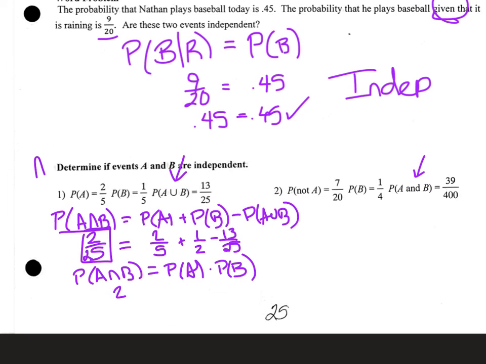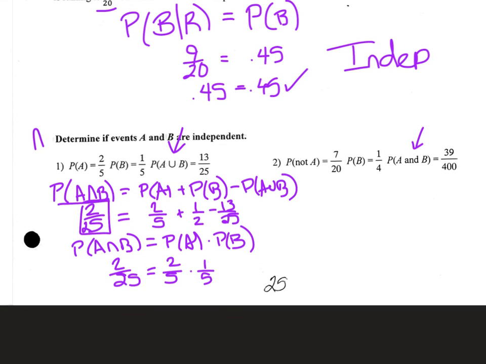Probability of A and B is 2 out of 25. Probability of A is 2 out of 5. B is 1 out of 5. So 2 out of 25 is equal to 2 out of 25. Check. These guys are independent.